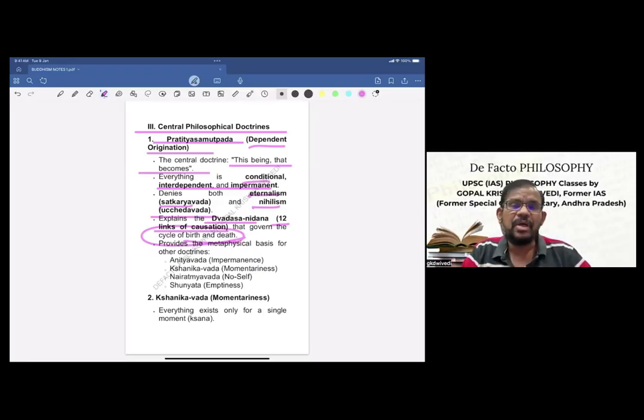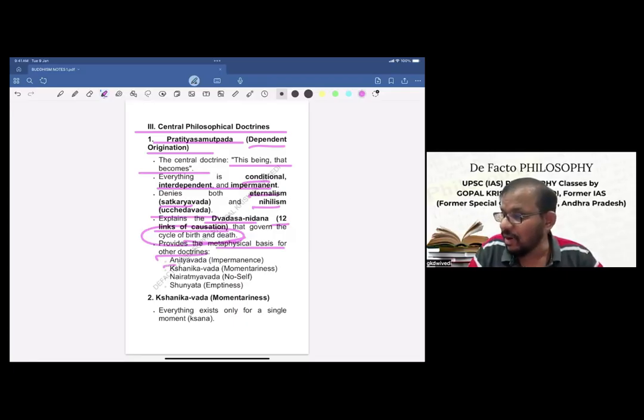As Pratyut Samutpad says, this being, that becomes, so they are linked in a circular chain. This theory also provides the metaphysical basis for other Buddhist doctrines. So, what are the other Buddhist doctrines?